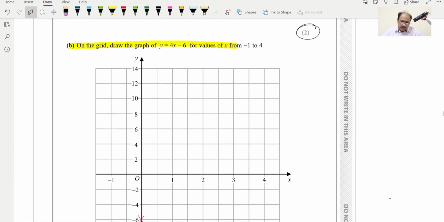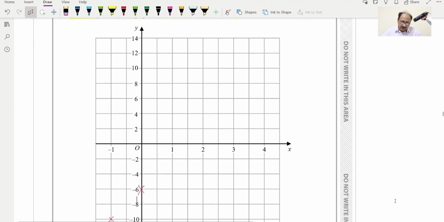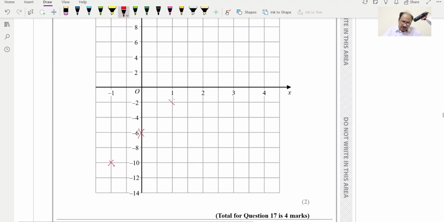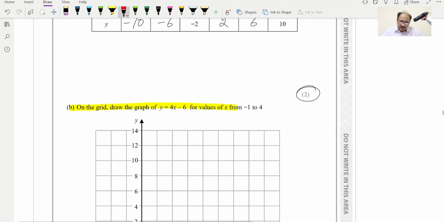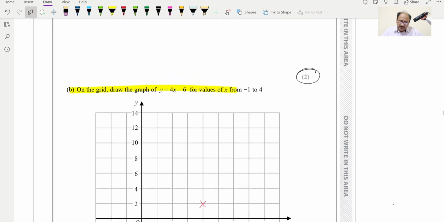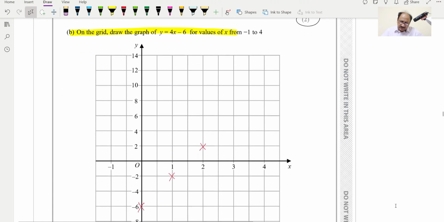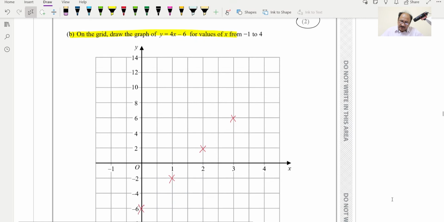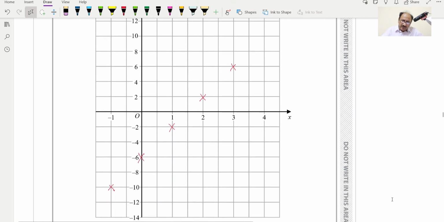Yes, 1 and -2 will be this one, and 2 and 2 will be this, and 3 and 6 will be this one. 4 and 10 will be this point which we marked.